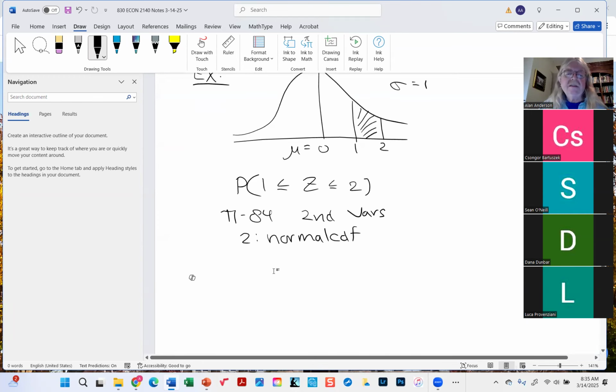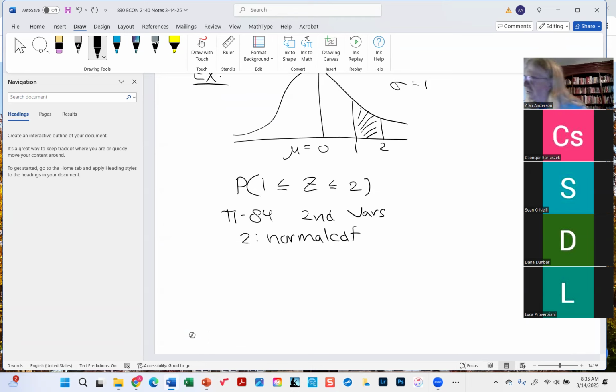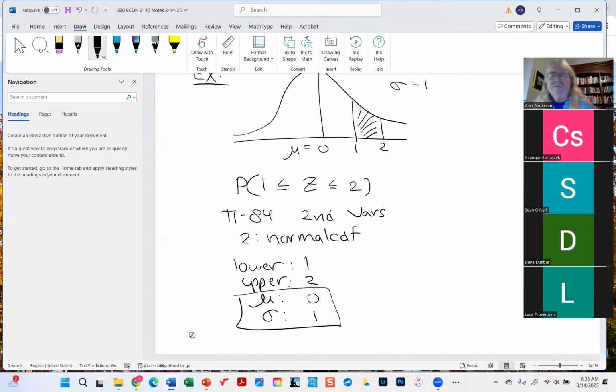Once you get there, you've got to give it 4 pieces of information: lower, upper, the mean, and the standard deviation. Lower and upper refer to the fact that this is an interval between 1 and 2. And the mean and standard deviation are 0 and 1 because we are told that this is the standard normal distribution.